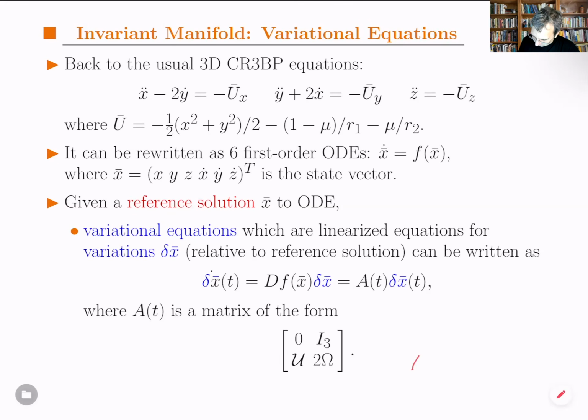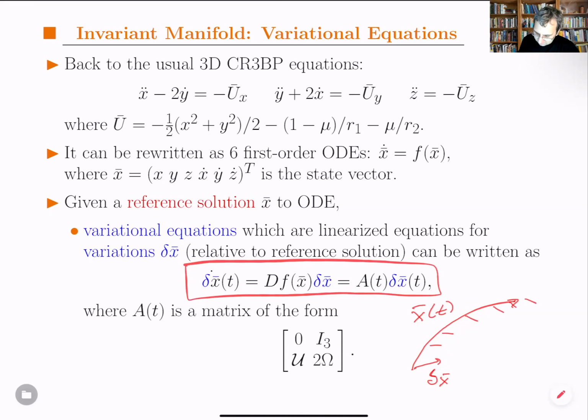So if I have some reference trajectory, I'm calling x bar of t, and I want to know what happens to small variations, delta x bar. I want to know how those evolve in time. And this is how they evolve, where this matrix A is the Jacobian matrix evaluated along the reference trajectory.